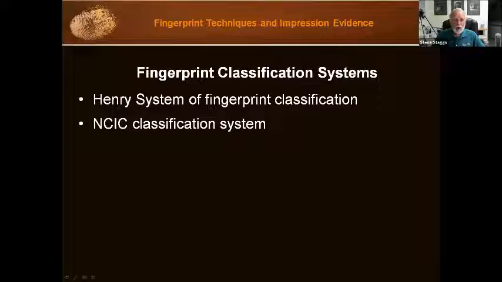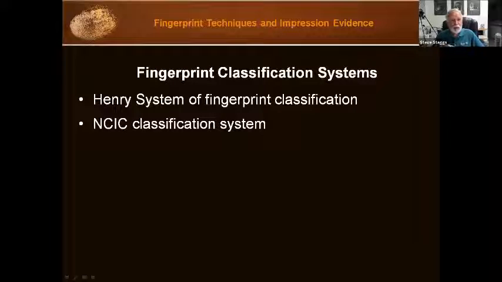NCIC is a computerized database that allows law enforcement agencies nationwide to access, among other things, wanted bulletins and warrants for outstanding suspects and fugitives. The NCIC system was developed and used as a shortcut to the Henry system so that an individual suspected of being the subject of a warrant could be eliminated quickly.